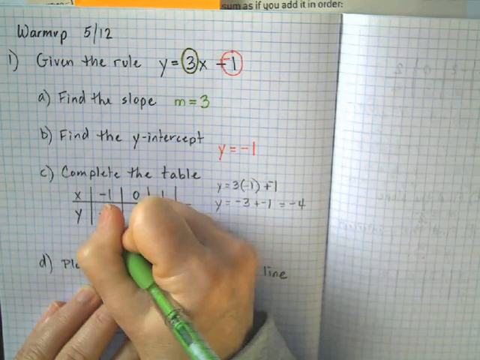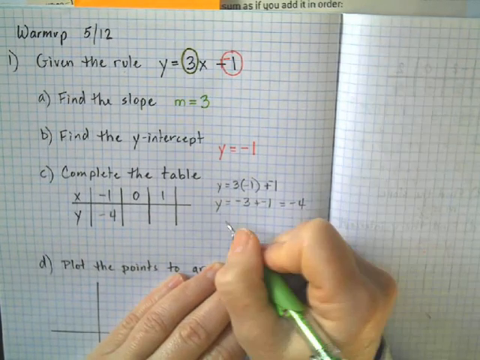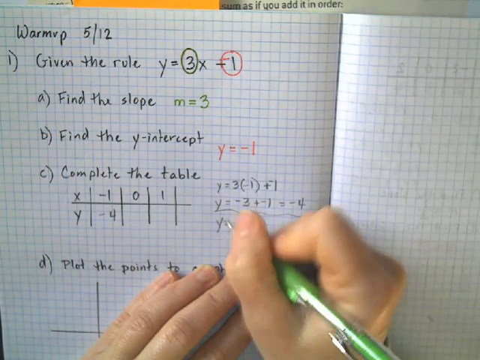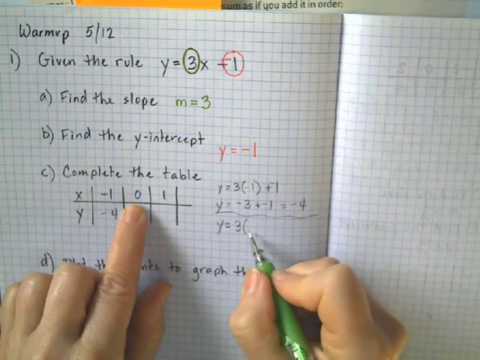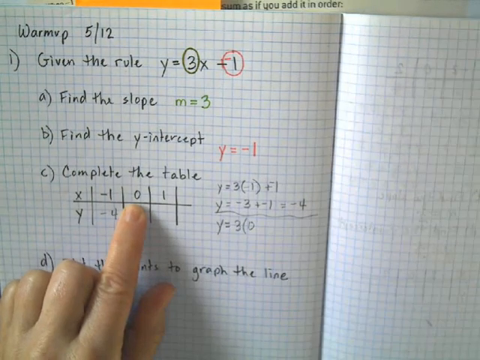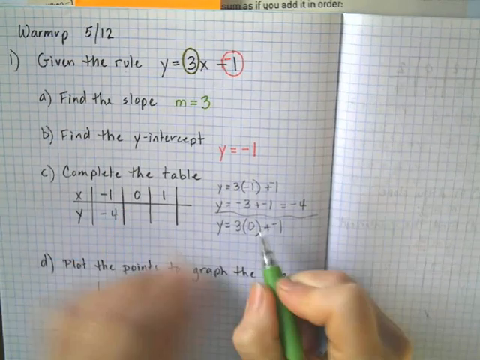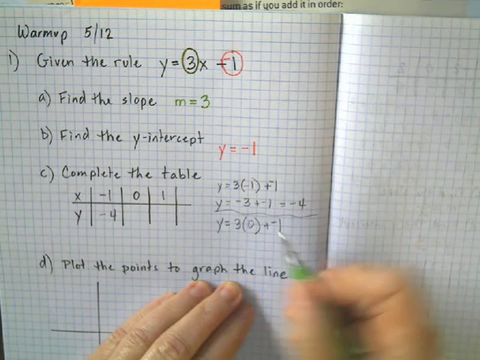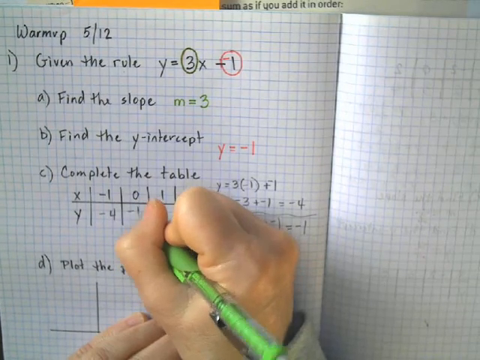So I can put into my table negative 4. Okay, my next one is y equals 3 times x. So in parentheses, I'm going to put my 0, and then plus negative 1. 3 times 0 is 0. 0 plus negative 1 is negative 1. So this is negative 1.